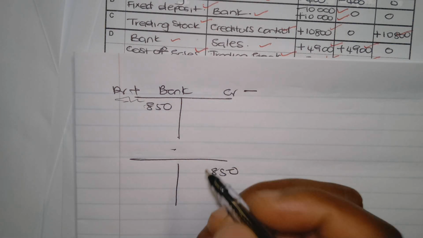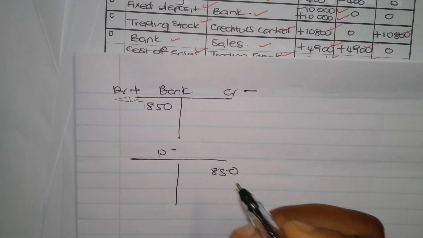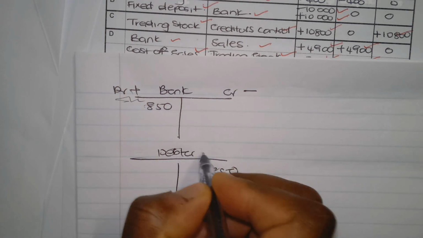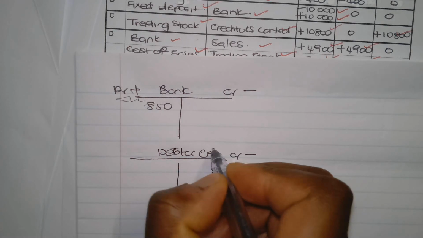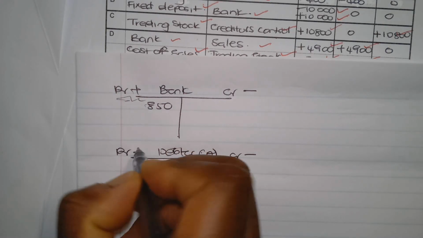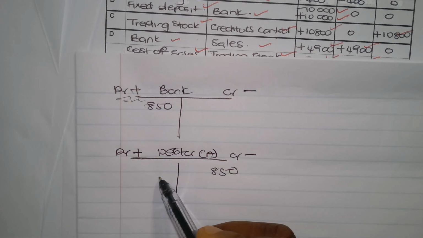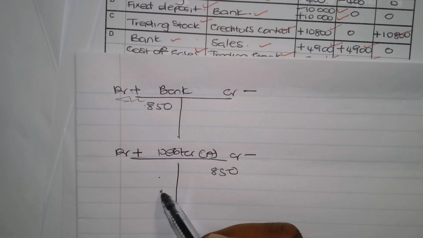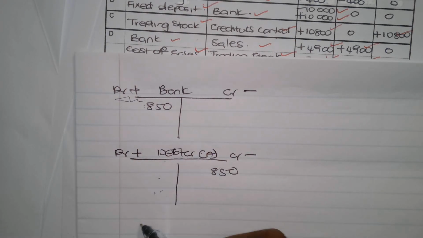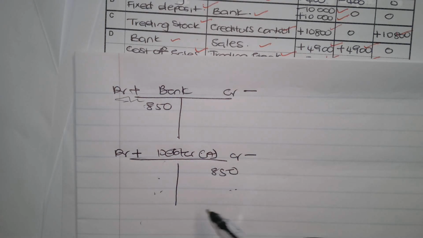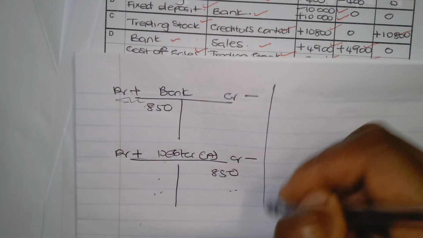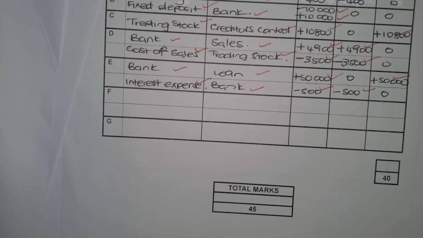He took money before, so now he's paying. Remember, when debtors owe you, the money that they owe you will increase. When they're paying you, the money that they owe you will decrease. So this is the double entry for that.